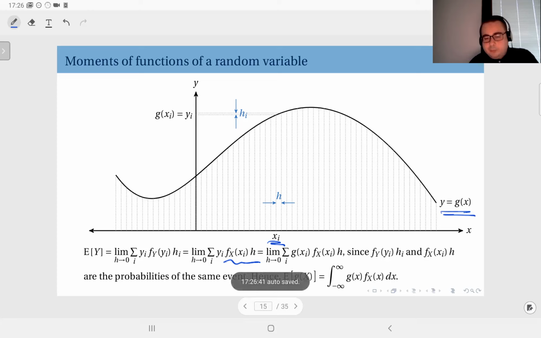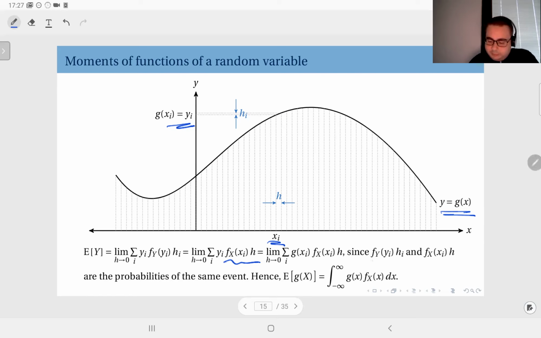That event, X being in the vicinity of x sub i, is equivalent to the event that random variable Y is in the vicinity of the value y sub i, okay? So x sub i applied to g, you get y sub i. So that means the event that random variable X is in the vicinity of x sub i is equivalent to the event random variable Y is in the vicinity of y sub i.